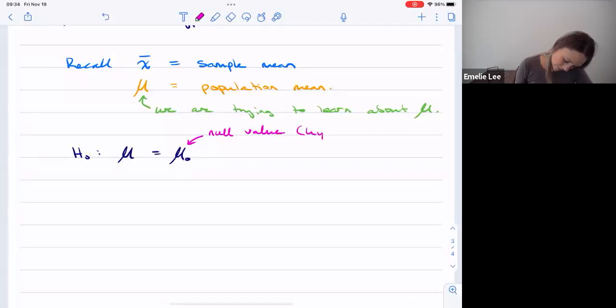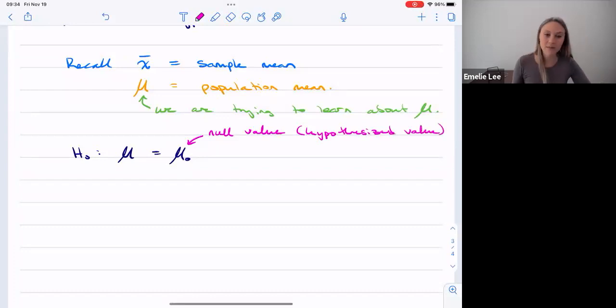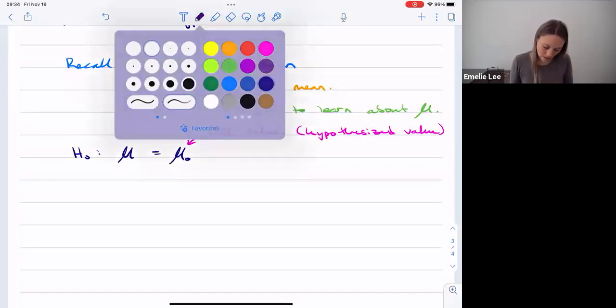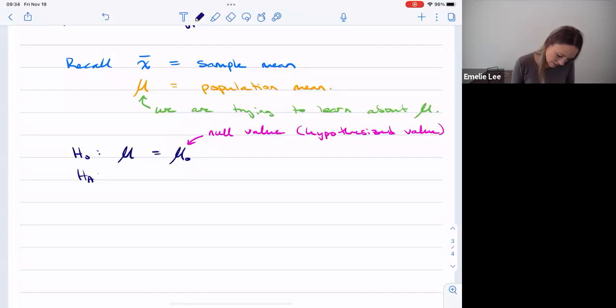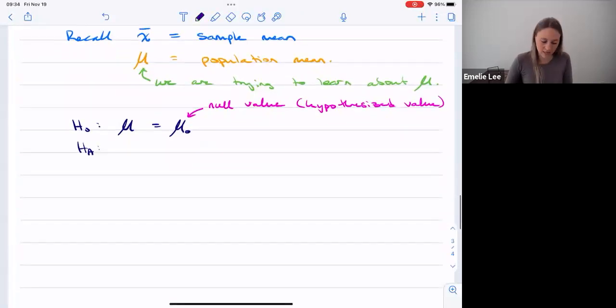Or if you prefer to think of it as the hypothesized value, the value that you want to compare your sample mean to, that's the mu naught. And then just like in the one sample proportion case, we could have mu not equal to mu naught. That's the default.